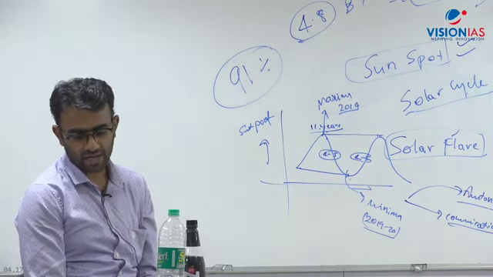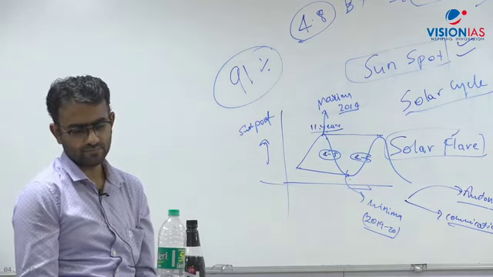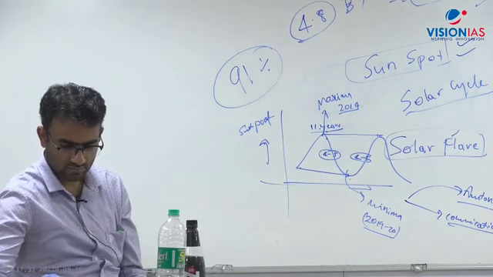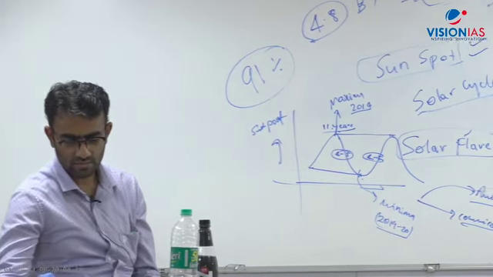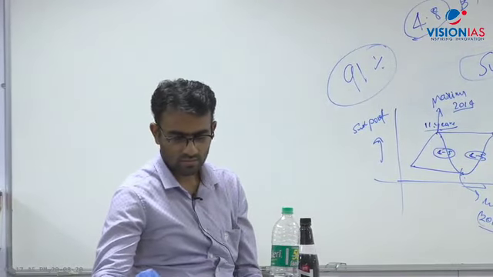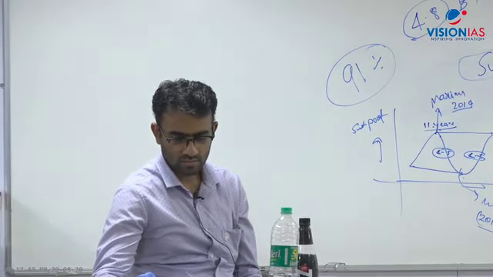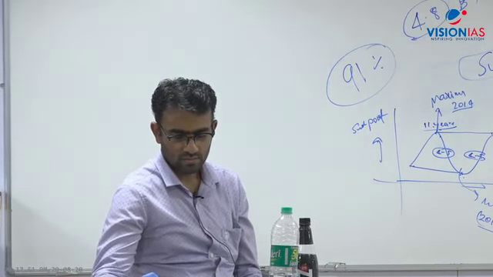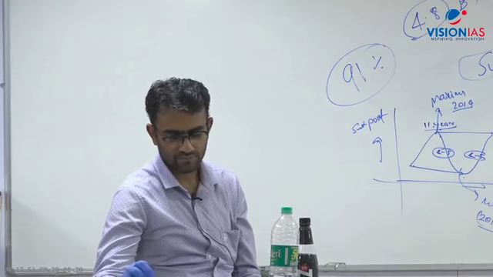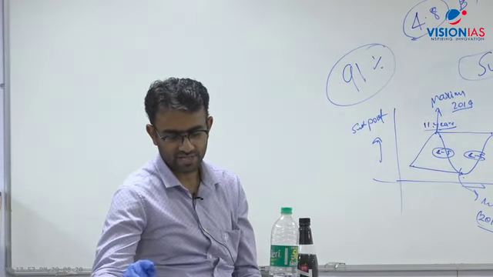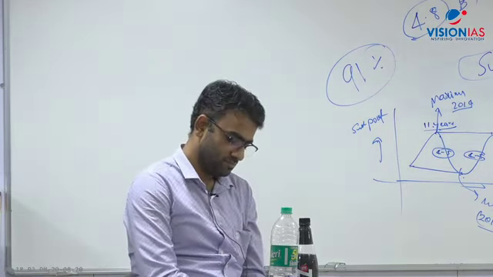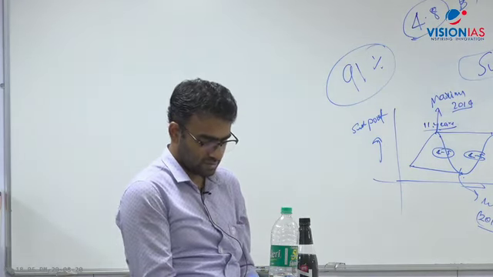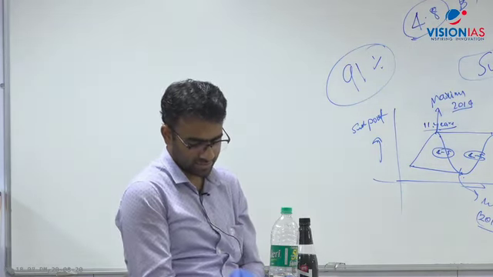The decreased magnetic activity might increase the solar storms into the space, and it might affect the astronauts in the space.